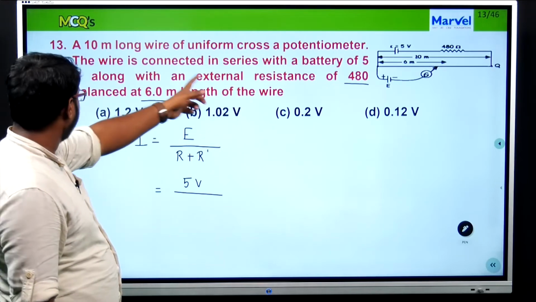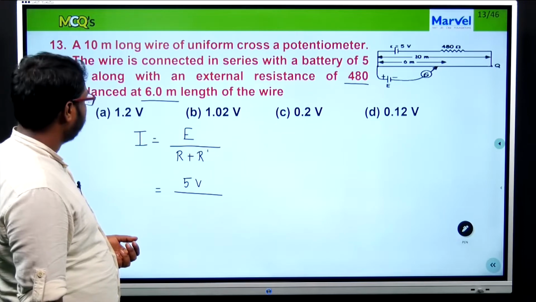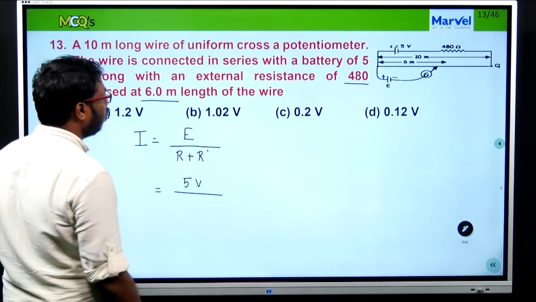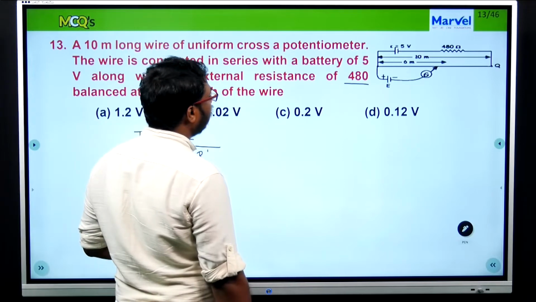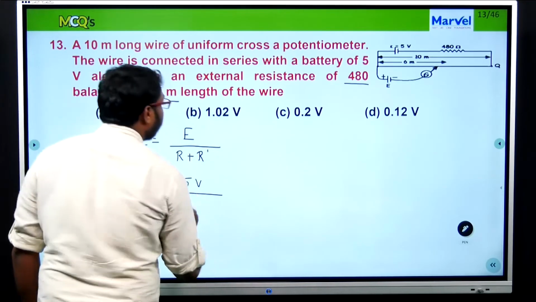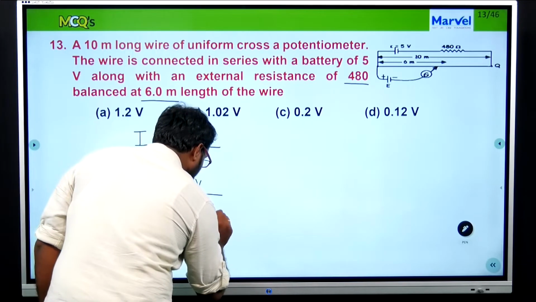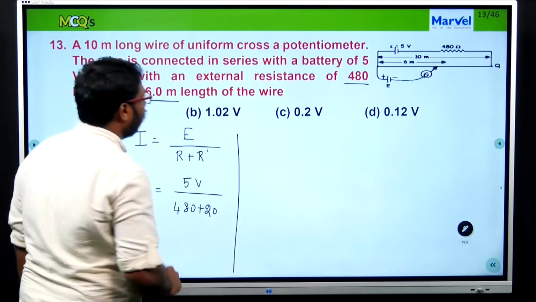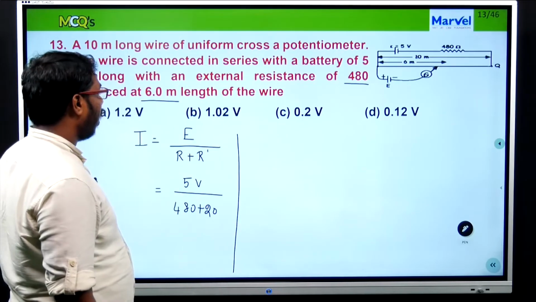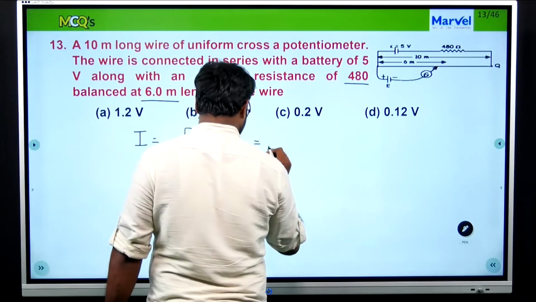One is 480 ohms and the other one is the 20 ohm resistance. One is 480, right? 480 plus 20. So what we have to do is just divide it and get the answer.